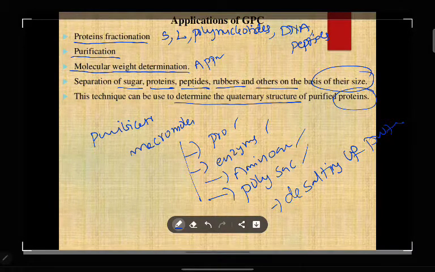So what I am going to conclude is, if you want to separate proteins, polypeptides, DNA fragments like monoclonal antibodies, the best choice is gel filtration chromatography.